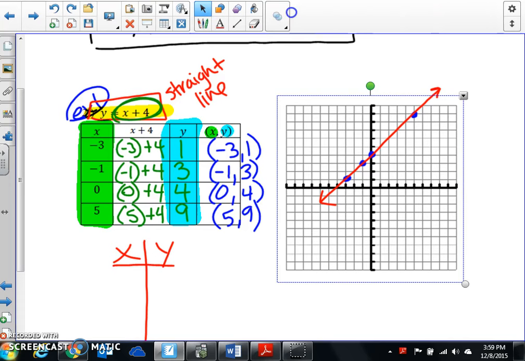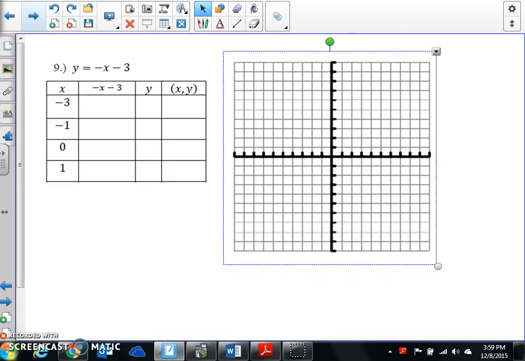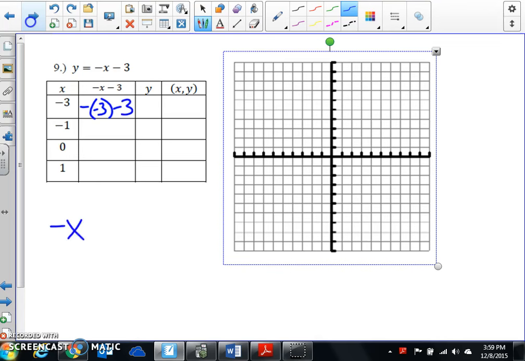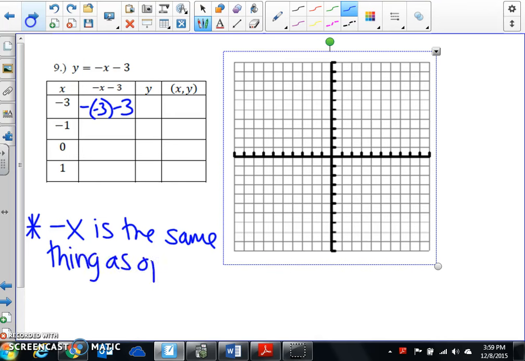Okay? Here's the next one. All right, so we have -3. So the first thing I'm going to do is just plug in all my values. So -3 minus 3. And negative x, here's just a little side note, a negative x is the same thing as opposite x, right?